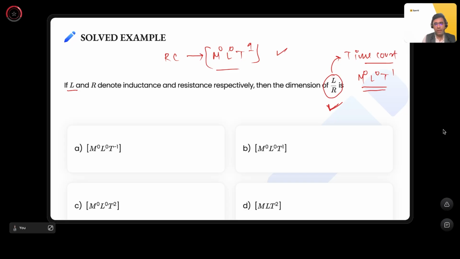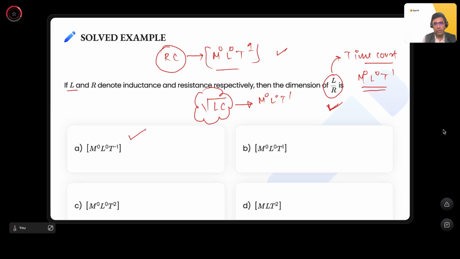So you need to remember this. M0 L0 T1, RC and L by R. All right. And under root LC also will have the same dimensional formula. Okay. It is 1 by under root LC is the frequency. So under root LC will have the same dimensional formula of time. So these three things will have the dimensional formula of time.